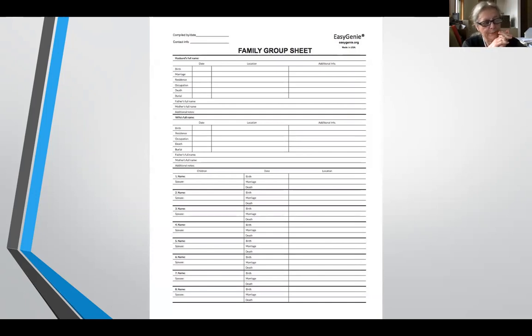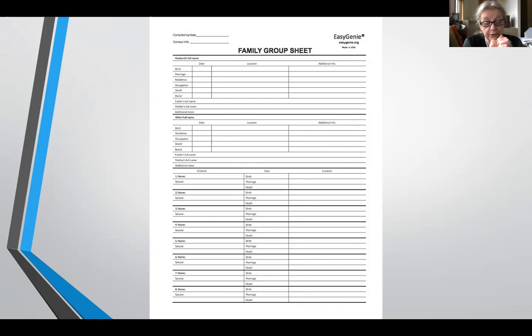This sheet has more room for additional information about parents, such as their careers or occupations, when and where they were buried, when and where they were married. Although some pedigree charts will have that listed on there, and you can squeeze it in there. And there's room for additional notes.